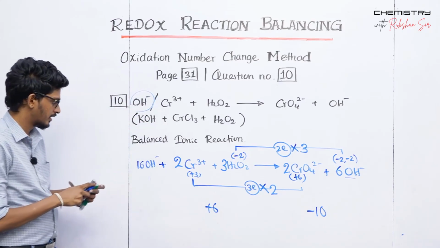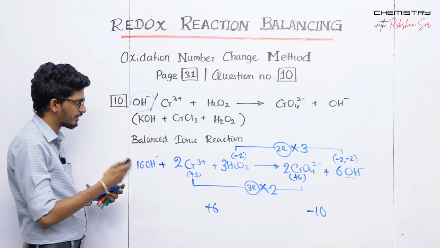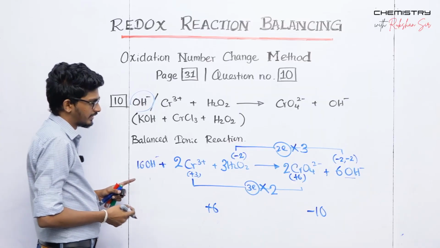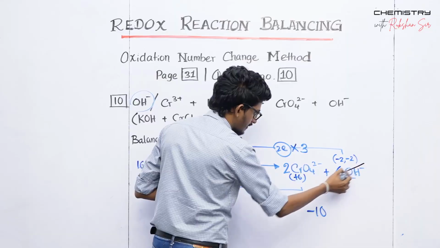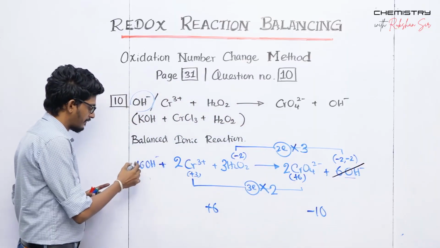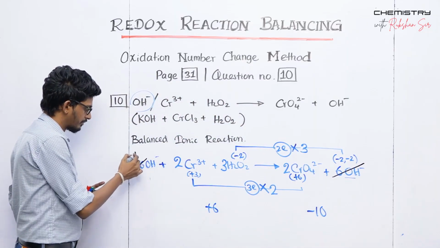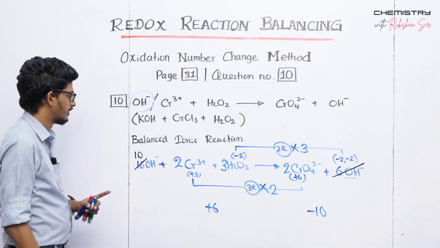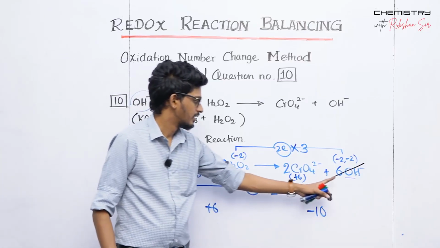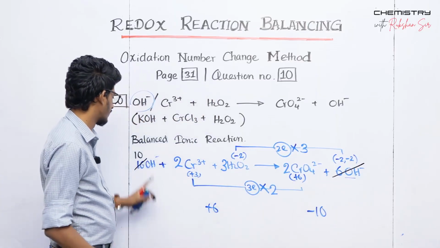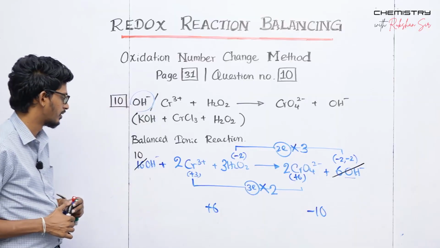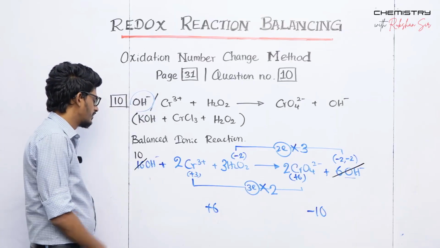Actually, you can cancel off before balancing the hydrogens. You can cancel off these 6 hydroxides with 6 here, so it becomes 10 as a net amount. Then we can balance the hydrogens.